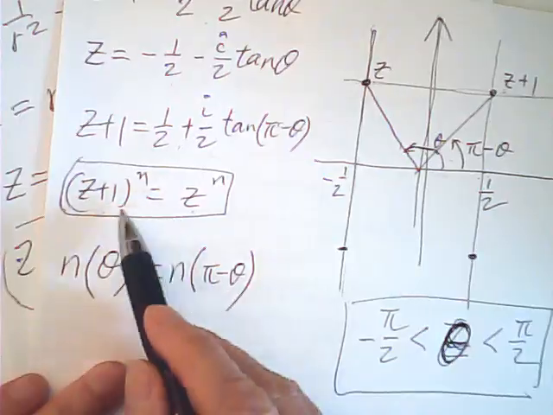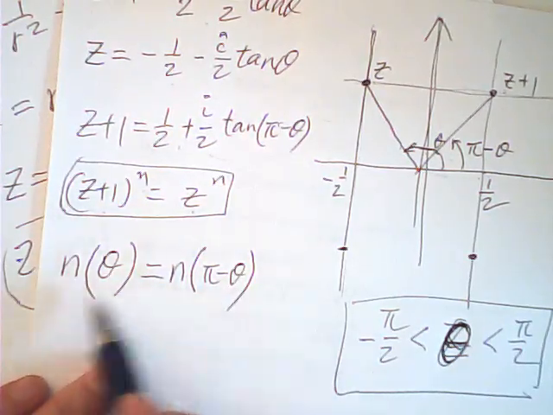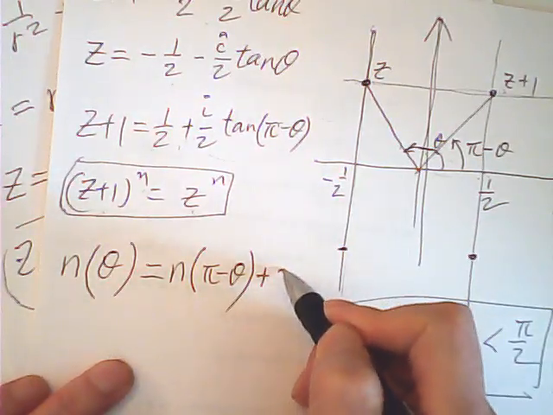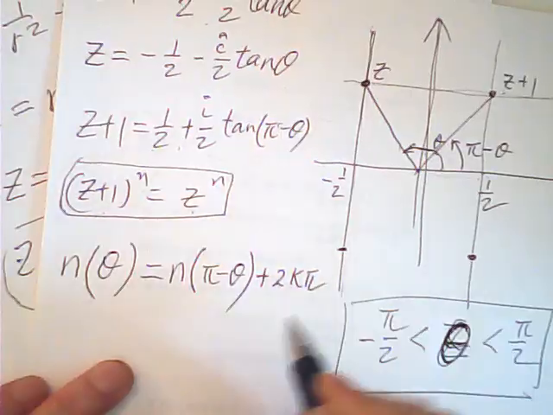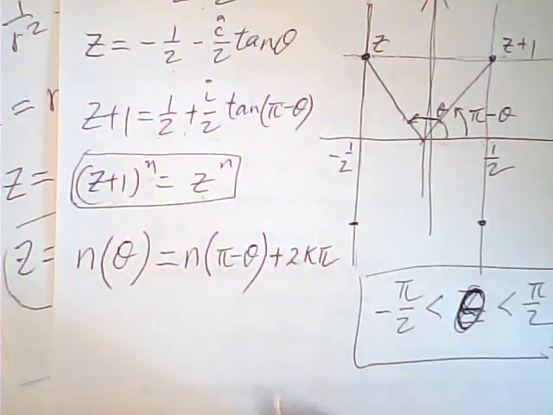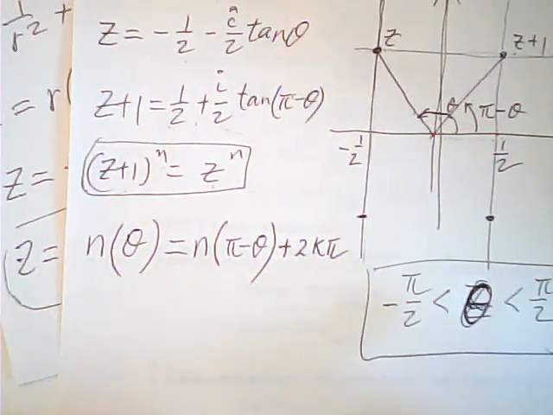See, based on this, the arguments must be equal, and it could be plus 2k pi, right? Because the period is 2 pi, so the angle could be plus a multiple of 2 pi.